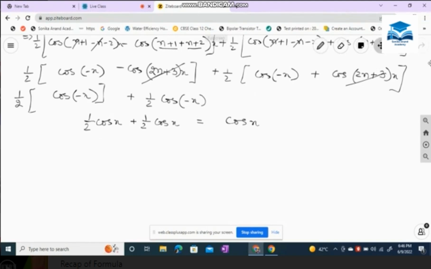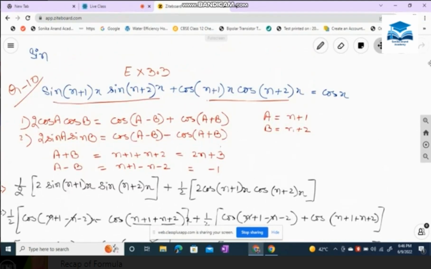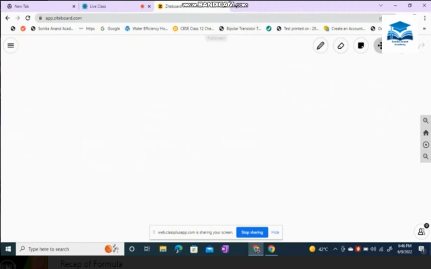And you can see easily we have to prove cos x. We get the same answer. So watch carefully again this question and you can now understand easily how I have done this. Now next question. Question number 11.